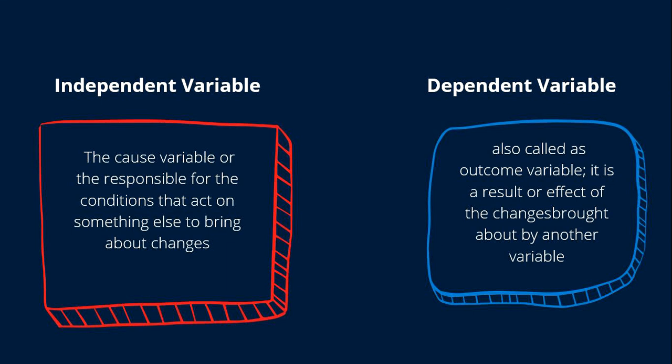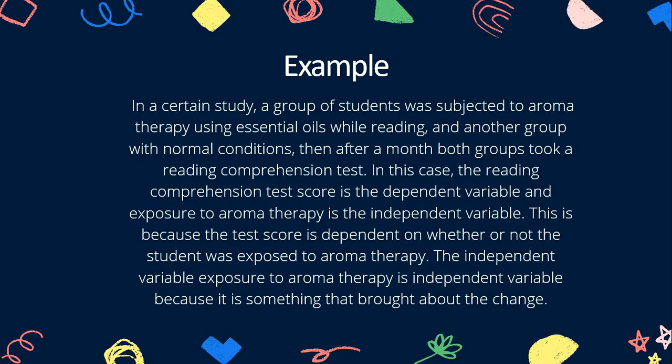For example, in a certain study, a group of students was subjected to aromatherapy using essential oils while reading, and another group with normal conditions. Then after a month, both groups took a reading comprehension test.